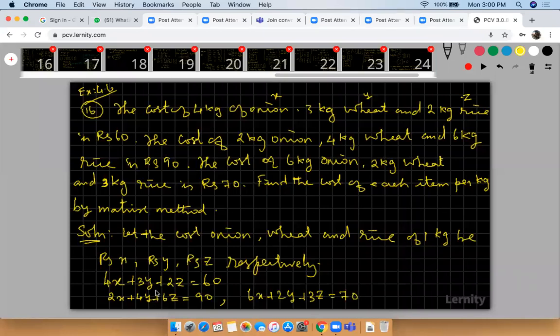Now we have to solve these equations by matrix method as usual: take the coefficient matrix as A, the unknown matrix as X, and the right hand side matrix as B.